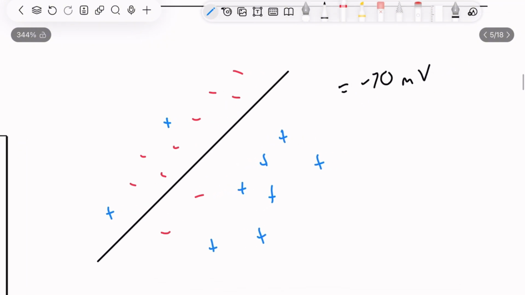For example, the resting membrane potential of a neuron is typically negative 70 millivolts, meaning that the inside of a neuron is 70 millivolts more negative than the outside. So in short, the electrical gradient is a result of the different charges between two areas, and the potential is the energy stored because of the charge difference. This is what cells use to create and transmit signals.